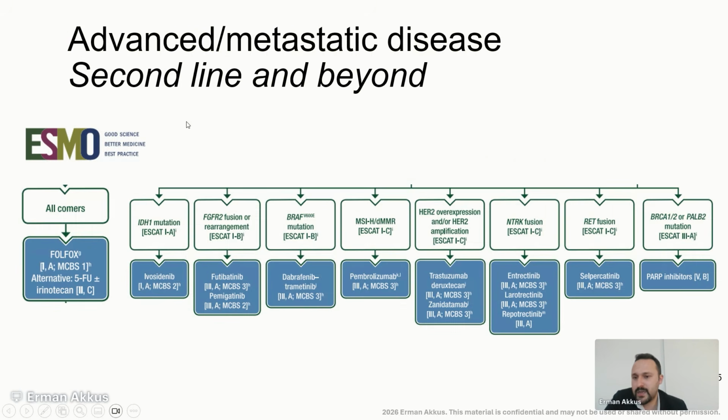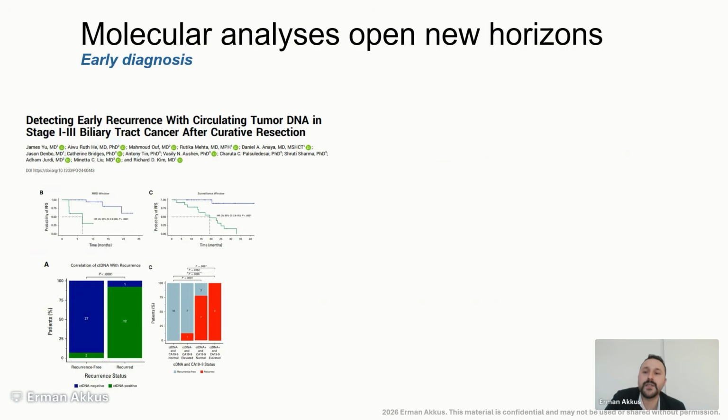After first-line immunotherapy plus chemotherapy, in the second line for all comers, chemotherapy is recommended. But if there is an alteration and the drug is available, targeted treatment is an option in the second line.